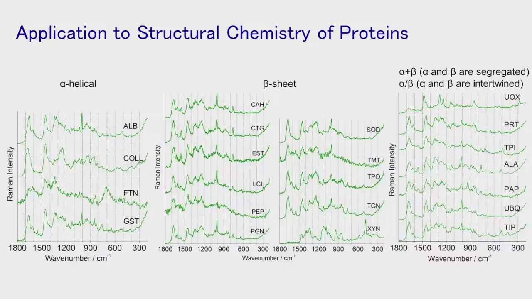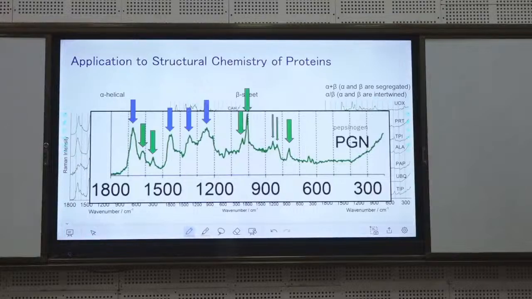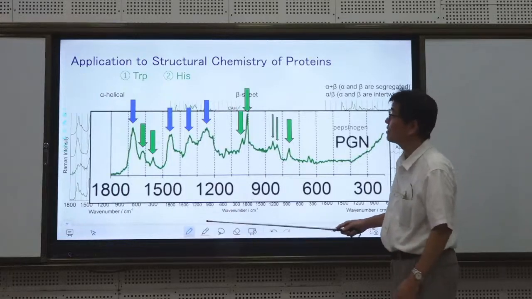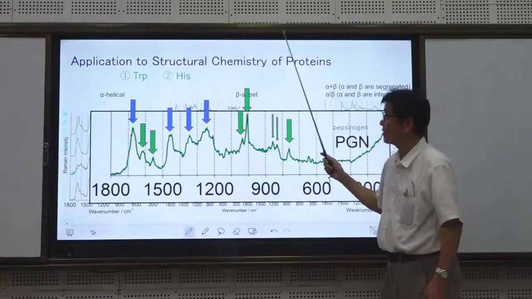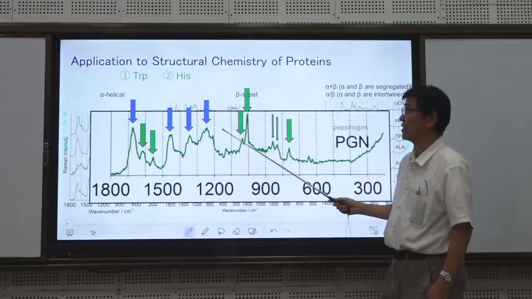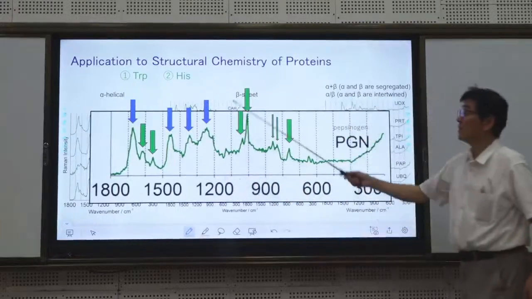Then again, this is a Raman spectra of various proteins, and next let's discuss how to get the information of the side chain. From the Raman spectrum, we can mainly get the information of tryptophan and histidine.